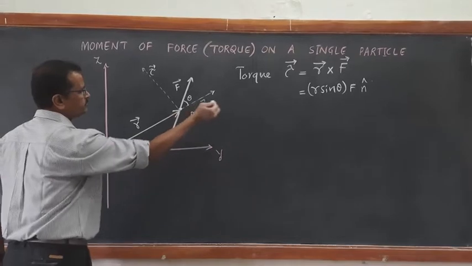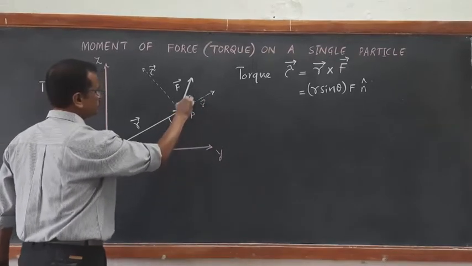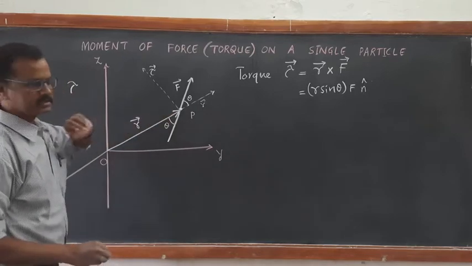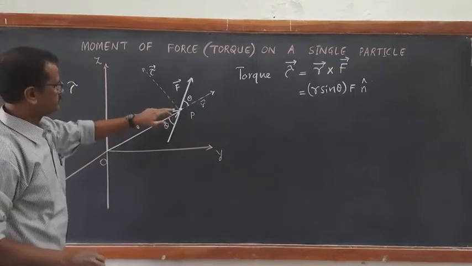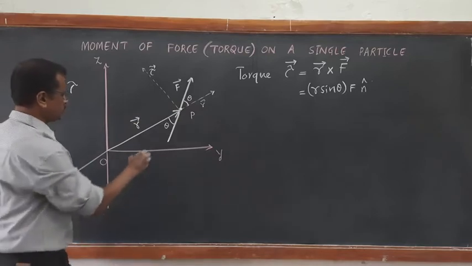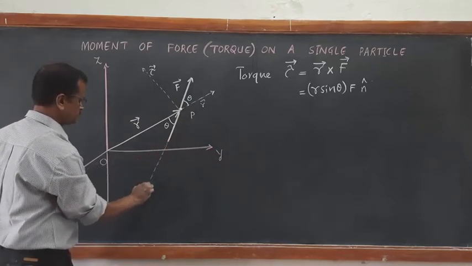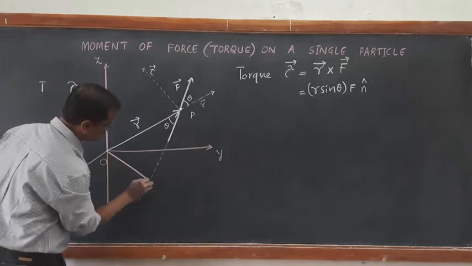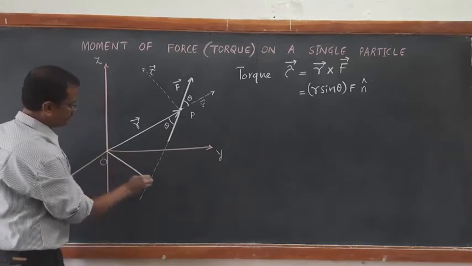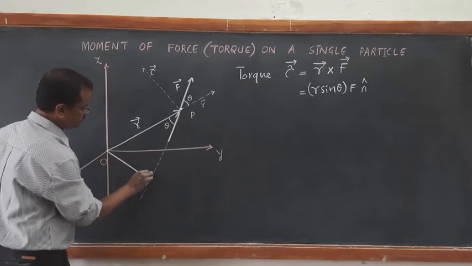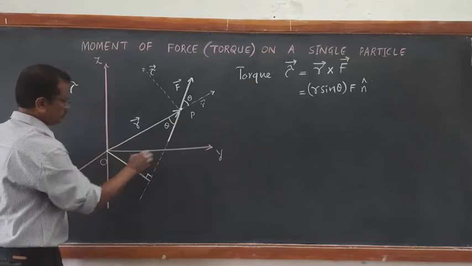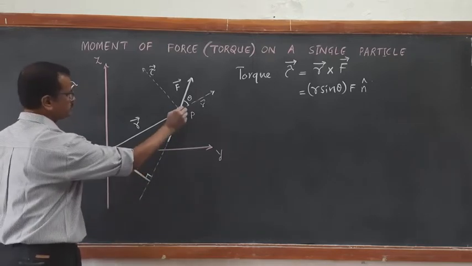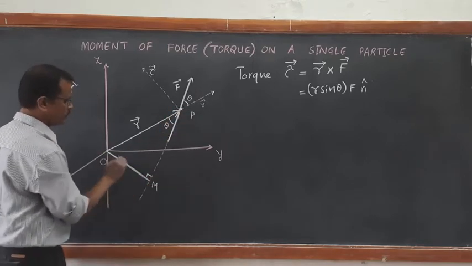Now, what is the value of R sin theta? By the property of geometry, alternate interior angles are equal. So if this is theta, then this is also equal to theta. Now extend it back. Then from the origin, draw a perpendicular. If this is O, this is P, call this point M, OM.